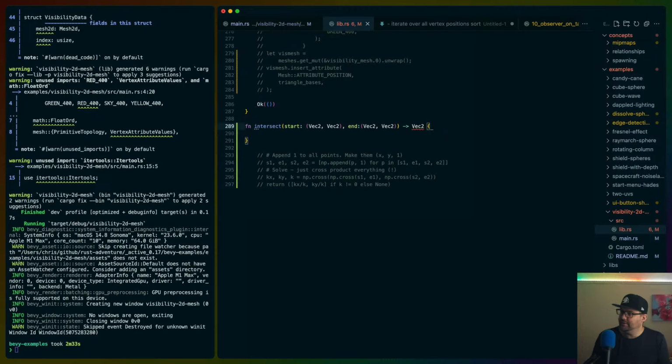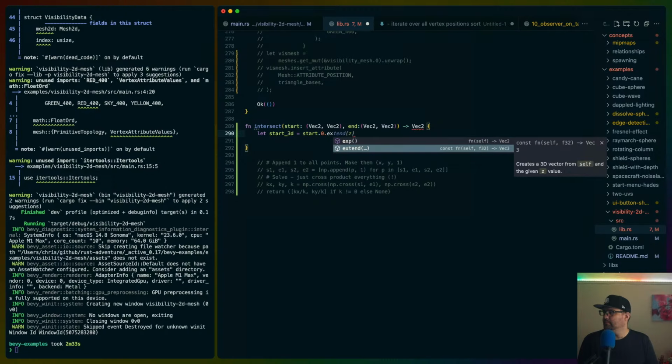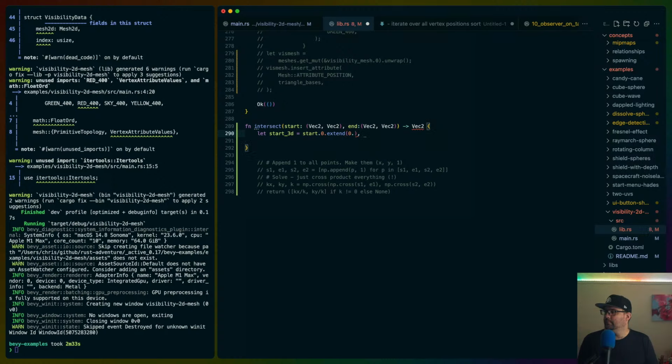And we're going to return a vec2. So basically this for start and end.